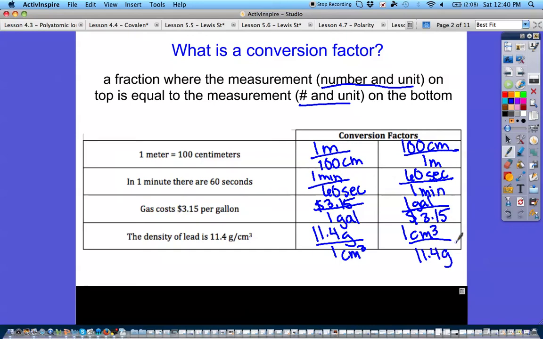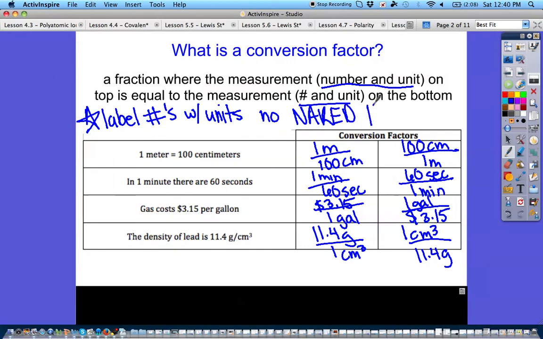It is very important that you label your numbers with the units. We do not want to have any naked numbers. When you label them with the units, it will help you keep track of what you're starting with, what you're going to, what cancels out, and all of that.